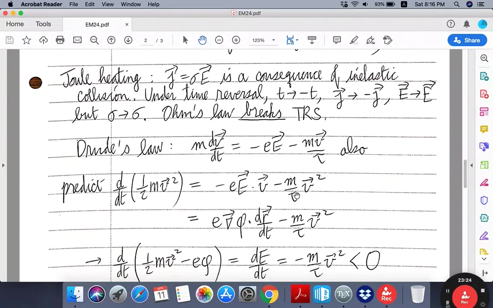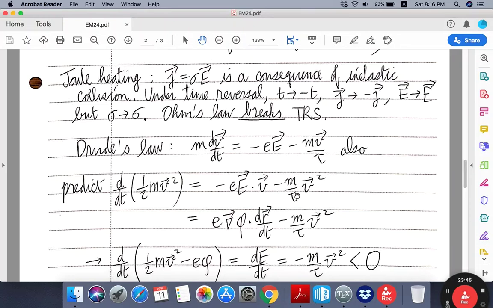Okay, so now let me touch upon another important theme that permeates the physics of a current carrying conductor, and that is the issue of Joule heating.